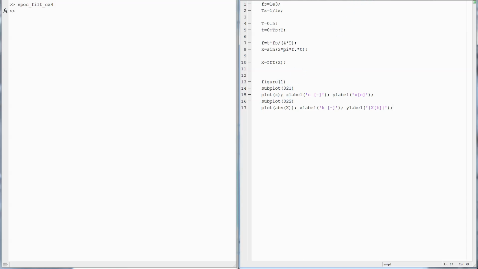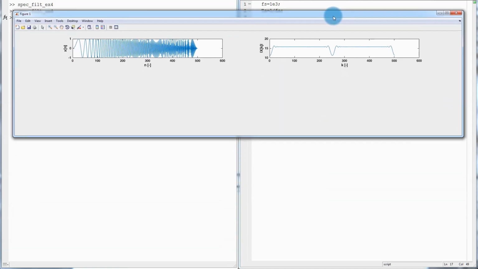There it is, now I can run it. And this is my result.